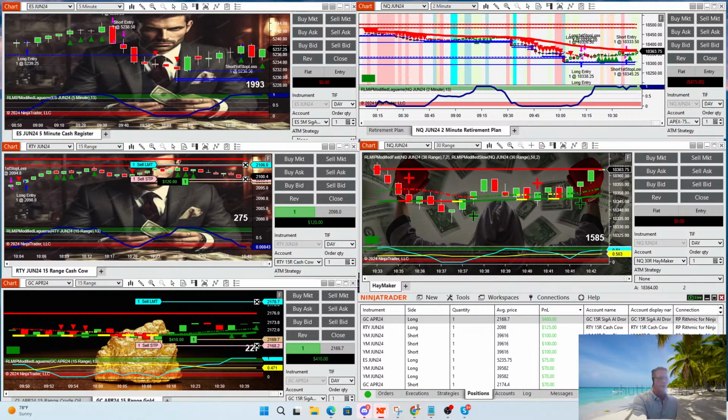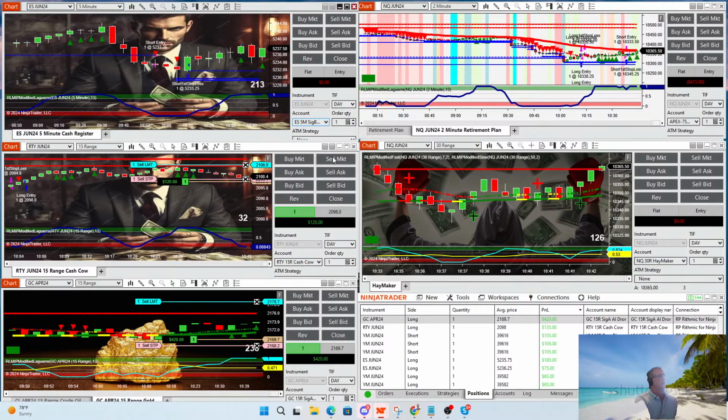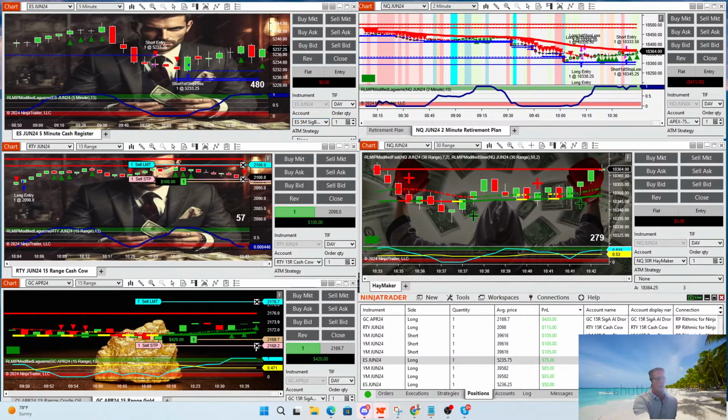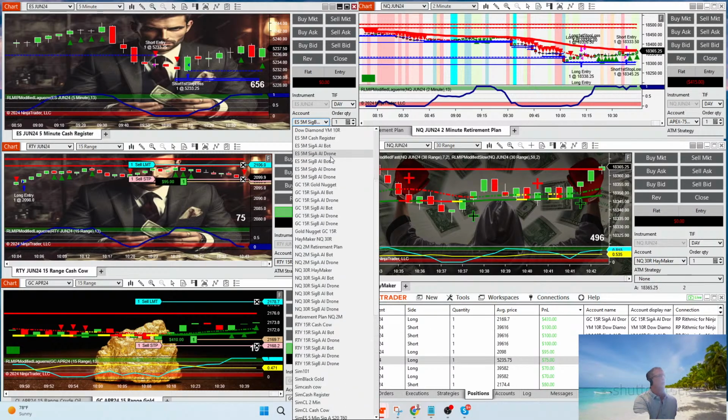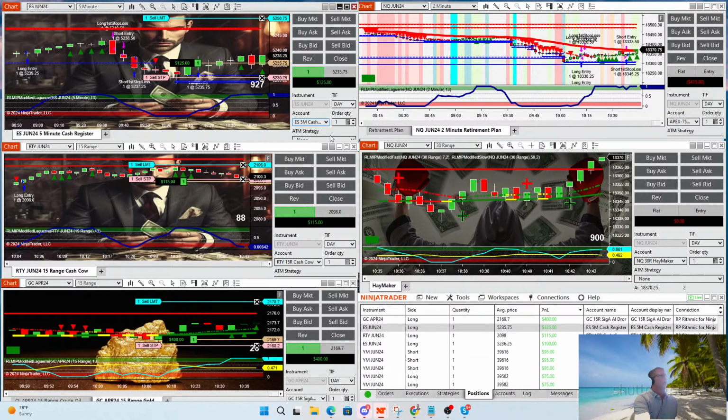Jumps into the ES long, the signal B AI drone. Cash register. Yeah, the signal A, like on the E-mini.